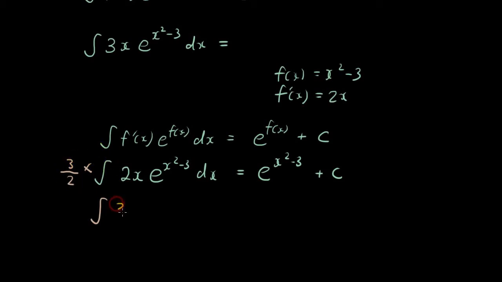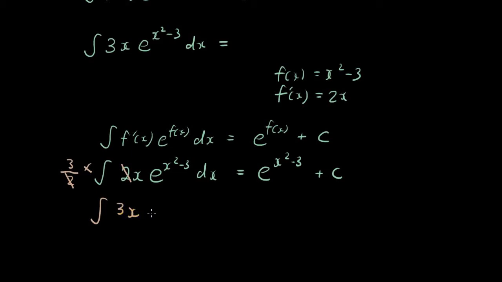So it's 3 over 2 times 2x. The divided by 2 and times 2 can cancel each other out. 2 divided by 2 is 1. So then we're left with 3x.